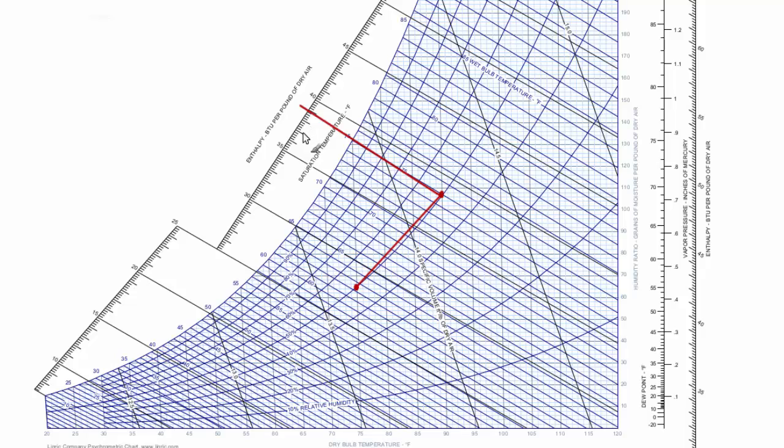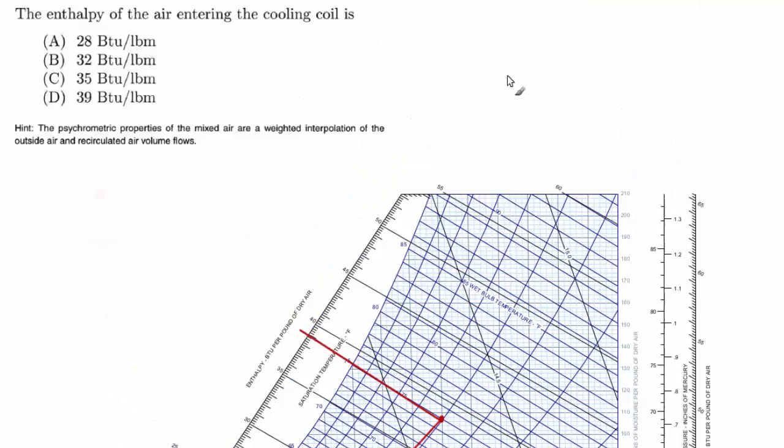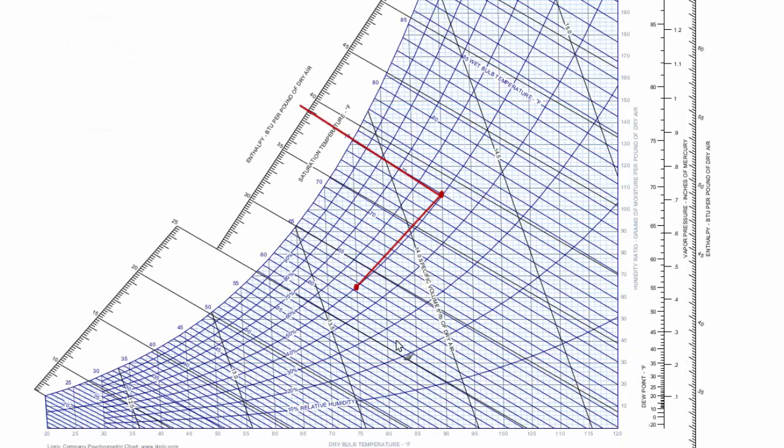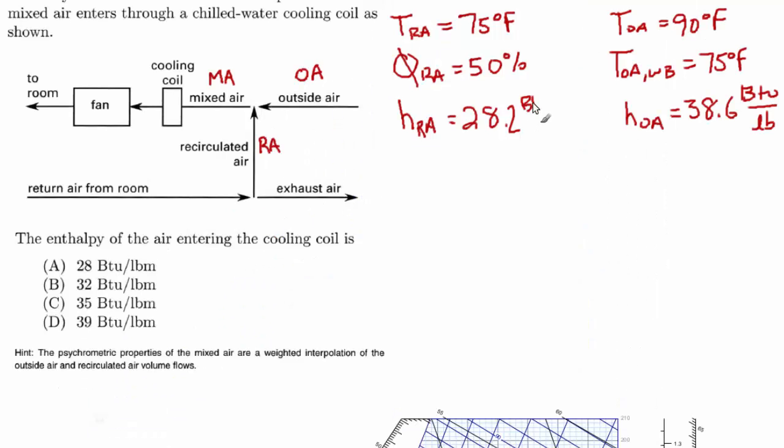So what's the enthalpy out here? This is about 38.6 BTU per pound. That's for the outside air. For the return air, that's this point here. We follow this line of constant enthalpy out to about right there, and that looks like 28.2 maybe BTU per pound.